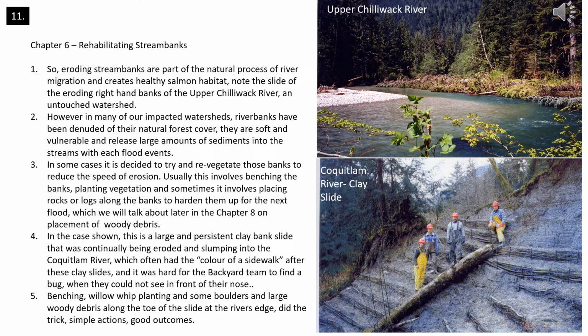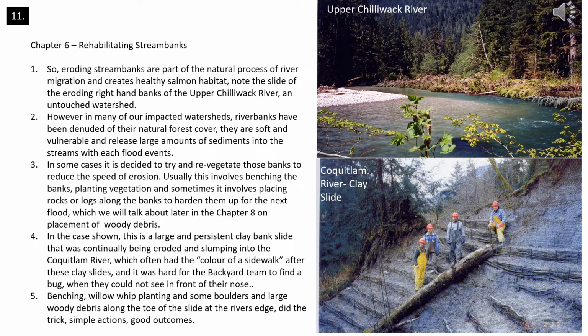Usually this involves benching the banks, planting some vegetation, in this case, on the lower picture, these are willow whips planted in the spring that will put down roots and grow. But it involves also placing some rocks or logs along the banks to harden them up down at the toe where the river comes against these slides. But we'll talk about placing woody debris in Chapter 8 a little bit more.